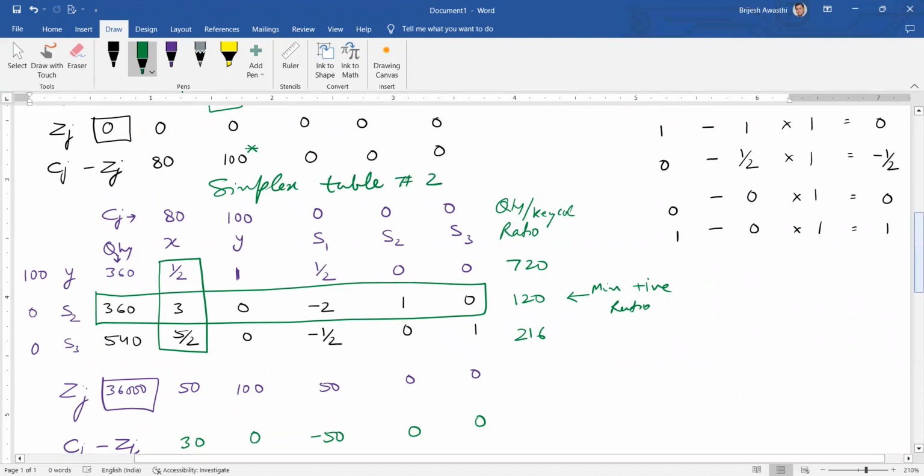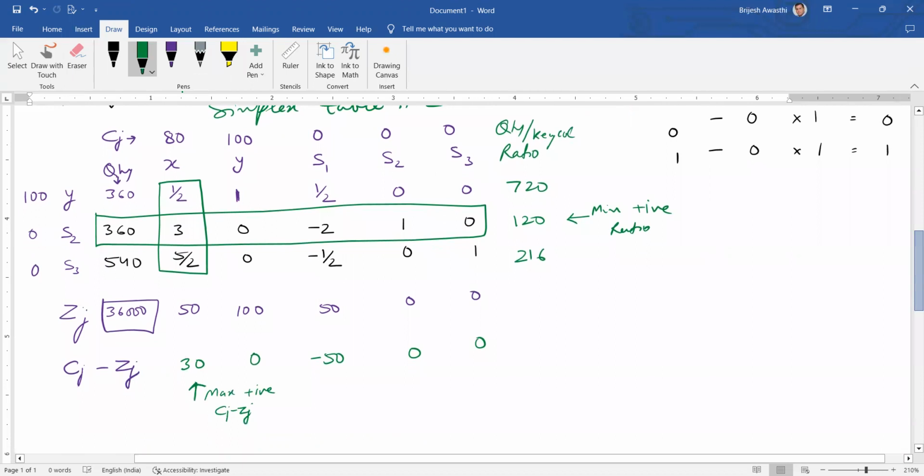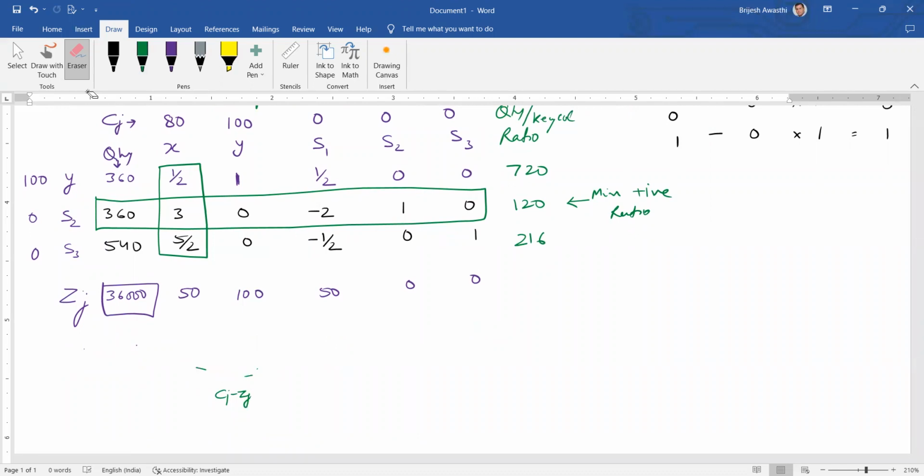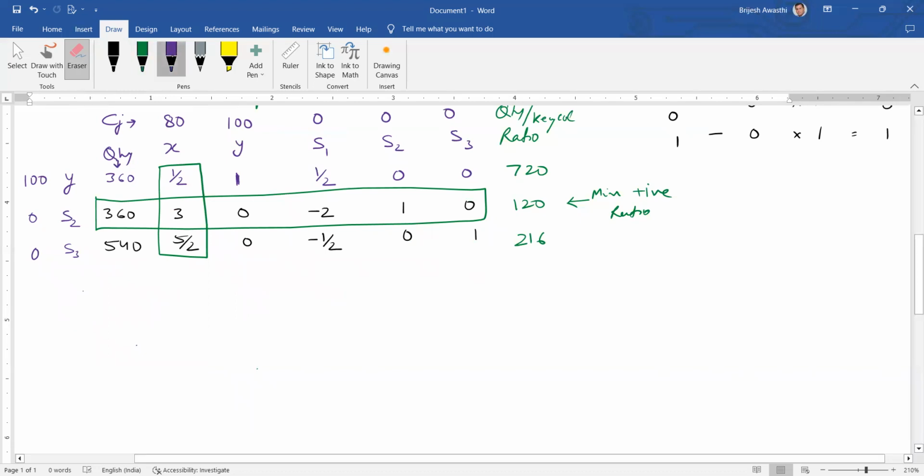Now I am going to prepare simplex table number 3. So I'm just going to erase this so that I will get the space to write. These numbers are not going to be a part of my next calculation.